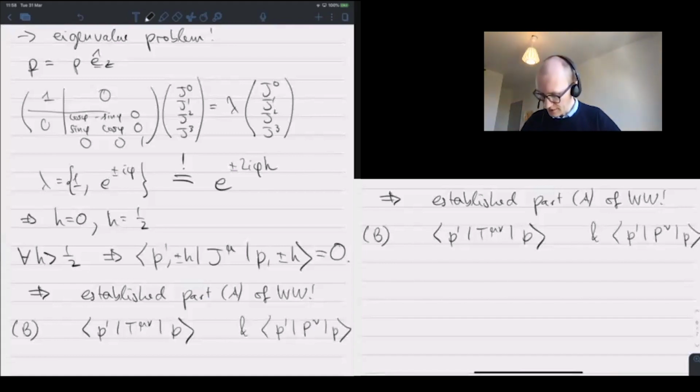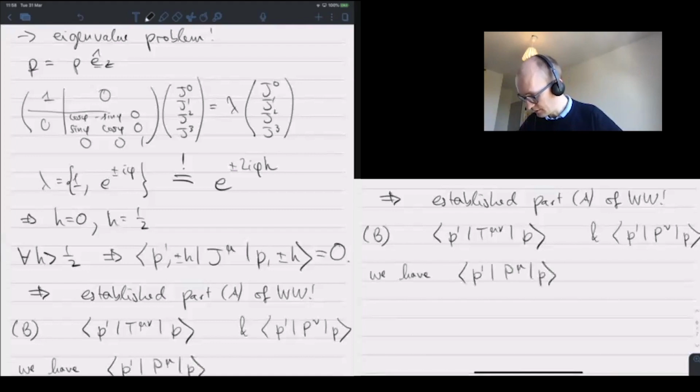So because of the same kind of arguments, we have that p primed, I'm suppressing again the helicity labels, okay? That is, of course, equal to the momentum eigenvalue p mu times the delta function.